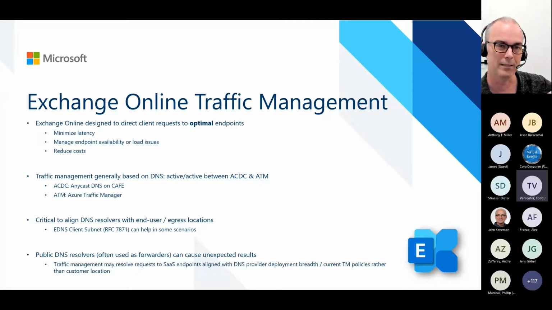Because what it means is Microsoft is going to see those DNS requests originating from those public DNS forwarders or those public DNS resolvers, wherever that public DNS provider has their infrastructure.